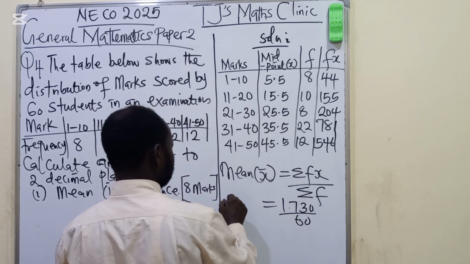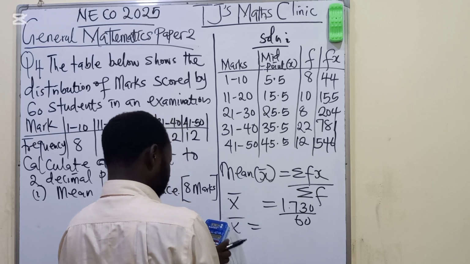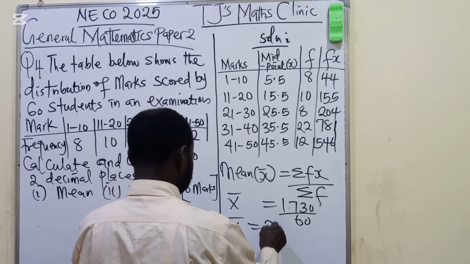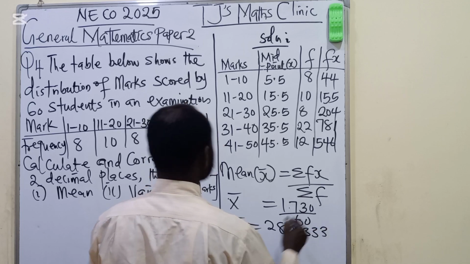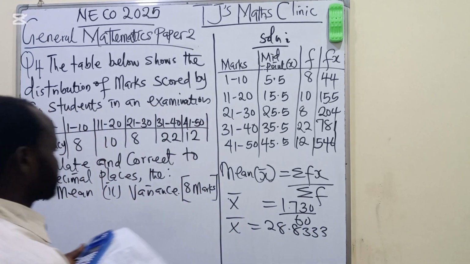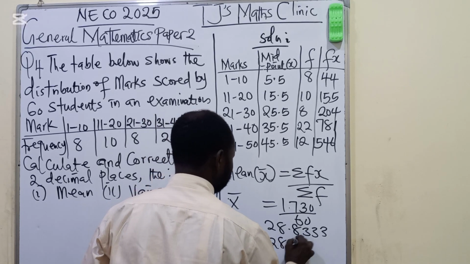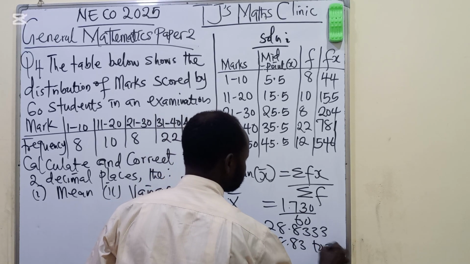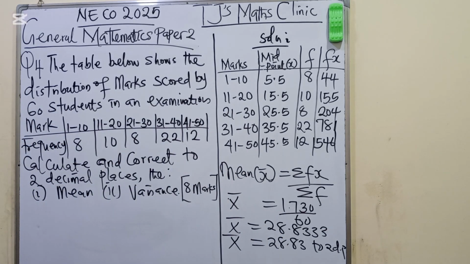So x bar, which is the mean, we divide it by 60. That will be 28.8333. The question says to two decimal places, so the mean x bar will be 28.83 to 2 dp. So this is the solution to Roman numeral 1.